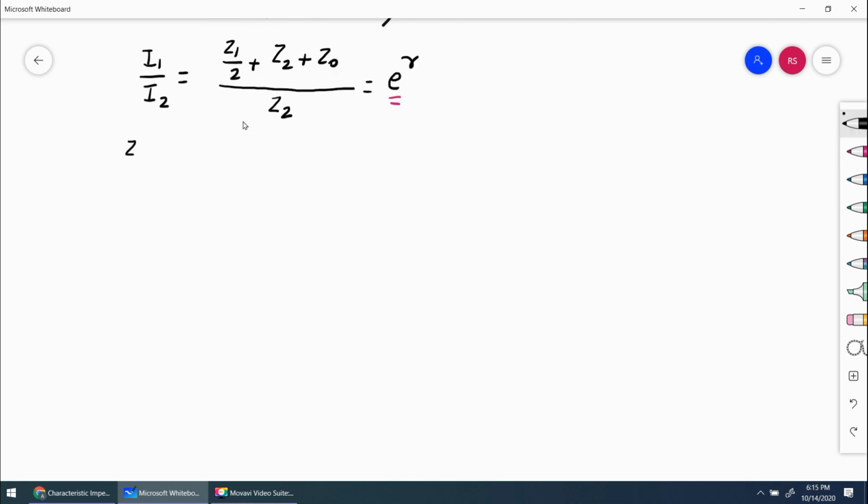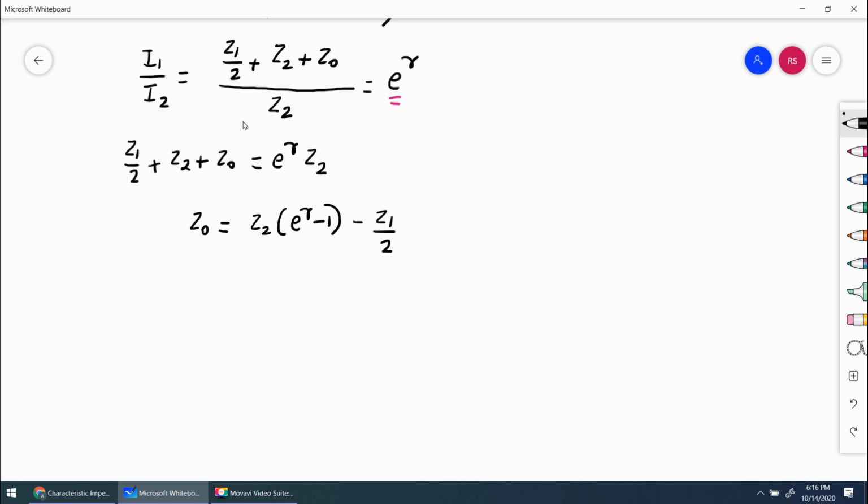I can write Z1 by 2 plus Z2 plus Z0 is equal to e to the gamma into Z2, or I can write Z0 is equal to Z2 into e to the gamma minus 1, minus Z1 by 2.